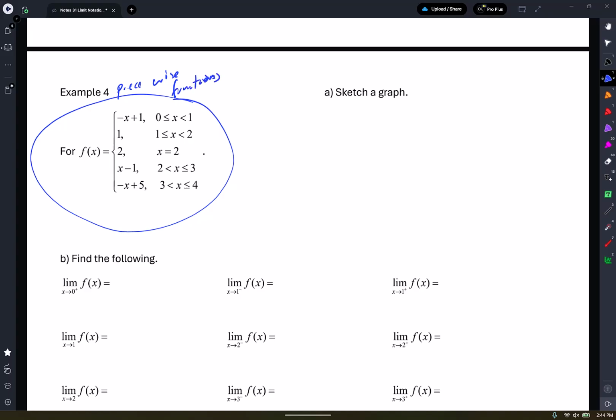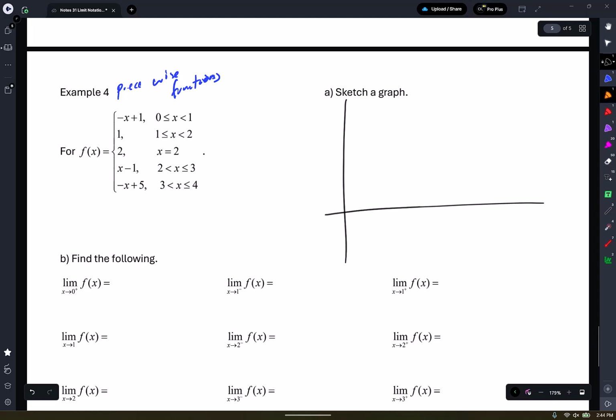All they mean is that there's a domain restriction. So I'm gonna go slow, guys. Here's my sketch. Let's see, 0, 1, they're all quadrant 1. I'm gonna color code it. I'm gonna do this one in blue.